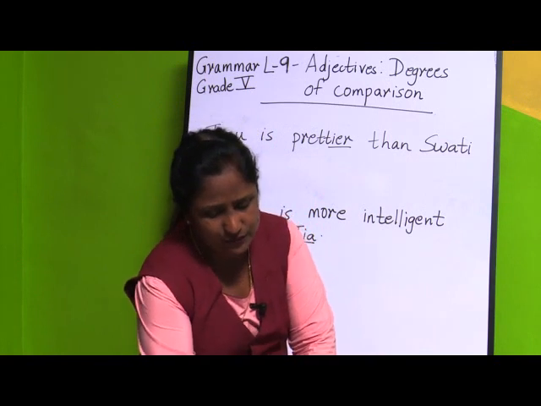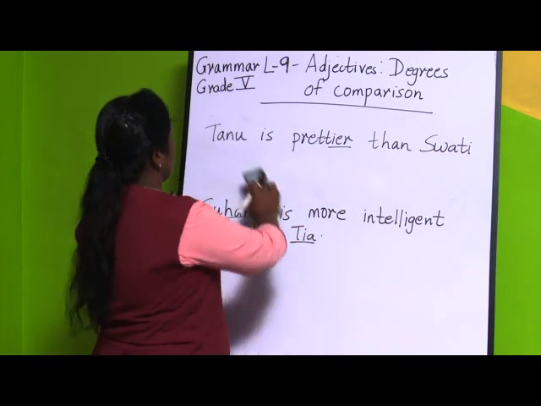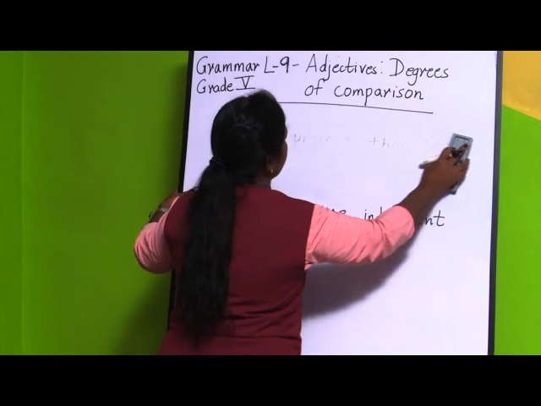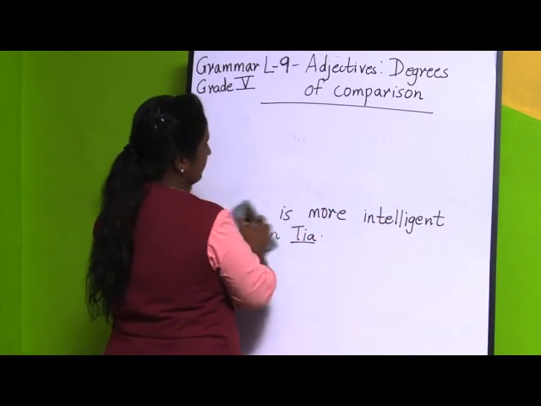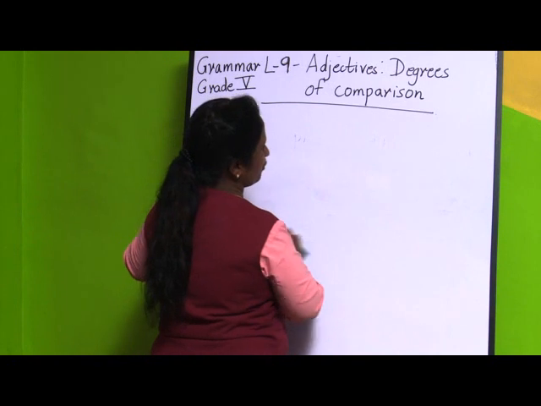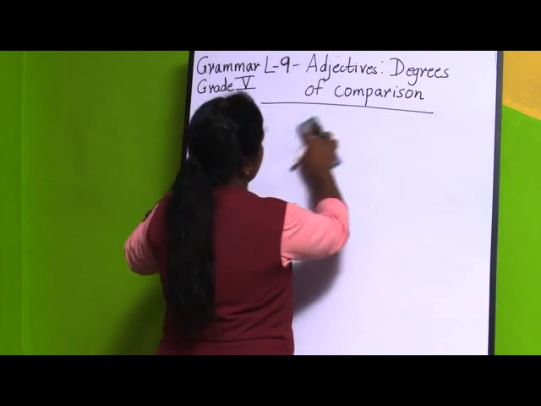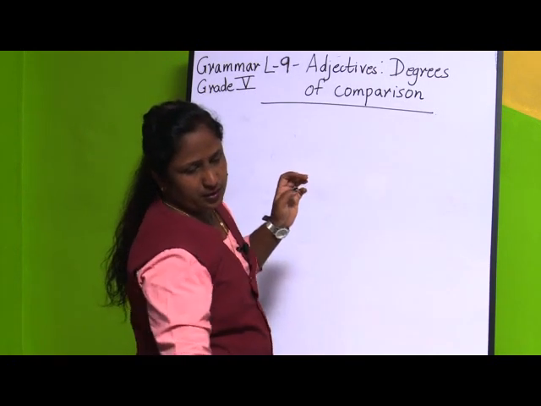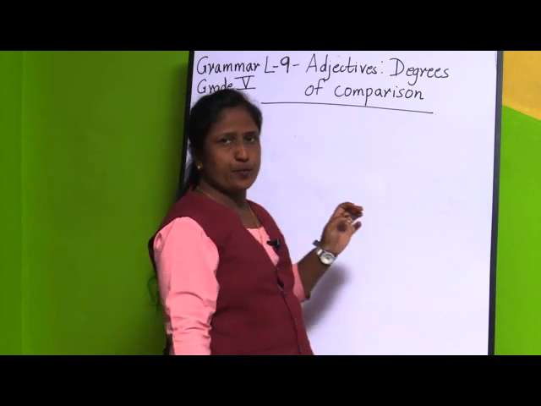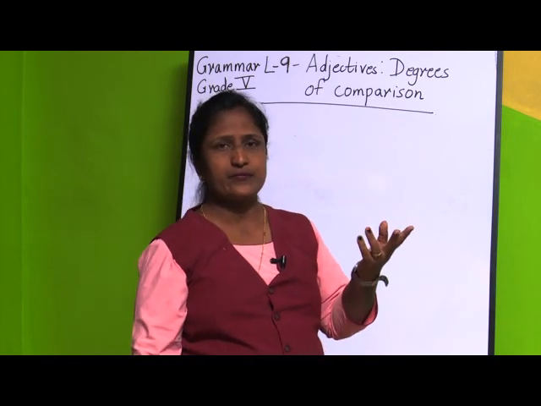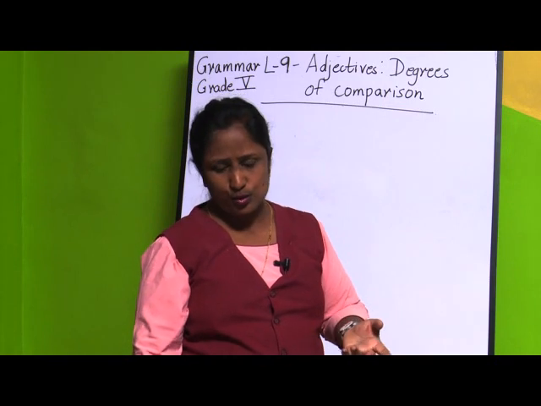Now, the last is superlative degree. We will be seeing about superlative degree. Here, we know in superlative degree we compare between more than two persons or two things.